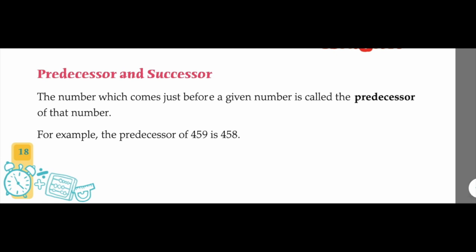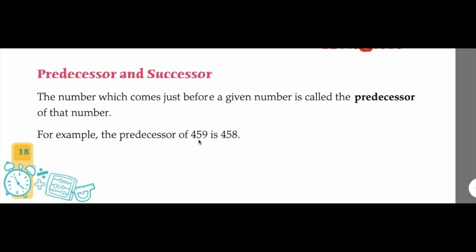The number which comes just before a given number is called the predecessor of the number. For example, the predecessor of 459 is 458. So what is predecessor? Predecessor is writing the before number of the given 3-digit number. Here they have given 459.